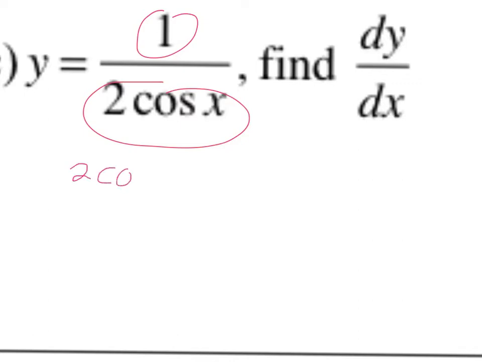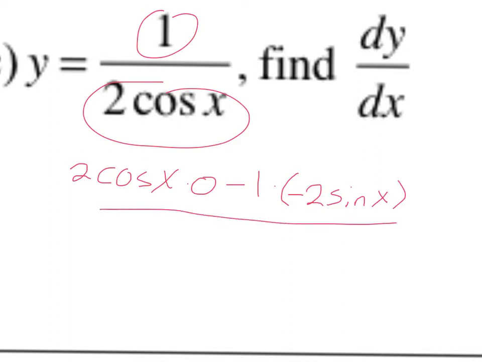So 2 cosine x, the derivative of 1 is 0, minus the top times the derivative of the bottom. That's going to be negative 2 sine x, all over the bottom 2 cosine x squared. You can leave it like that. That is simplified enough.